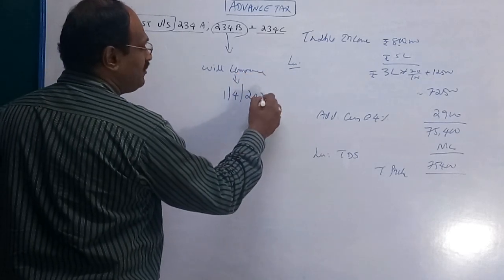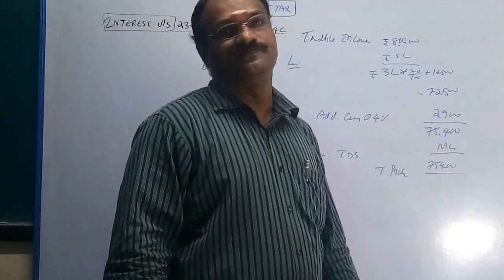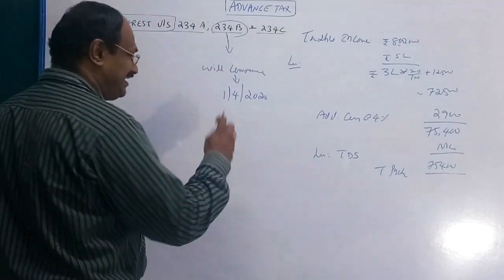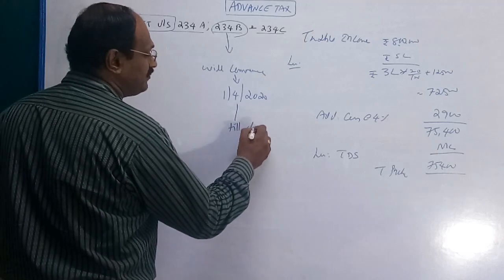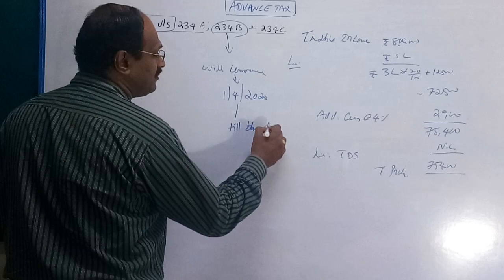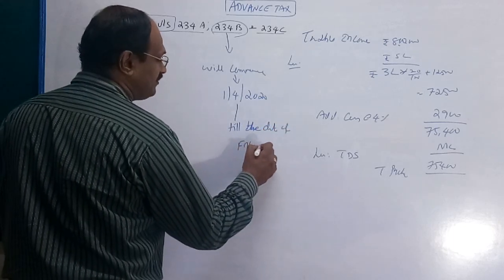In our example, 1st April 2020 onwards, 234B will come. Listen carefully. 1st April 2020 till the date of filing your return.